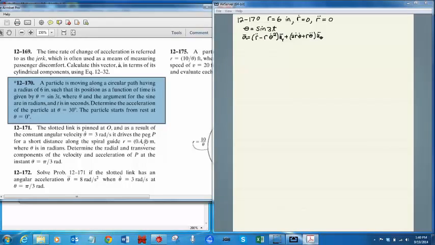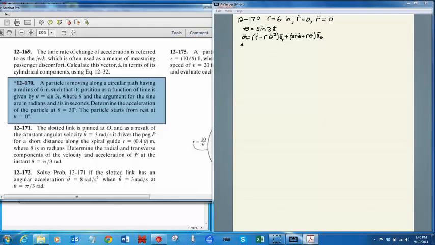This comes straight out of the book. So basically I need the values of r, r dot, r double dot, theta, theta dot, and theta double dot. The r's I've already gotten, so all I really need to do is find the derivatives of theta. So I'm going to do that.